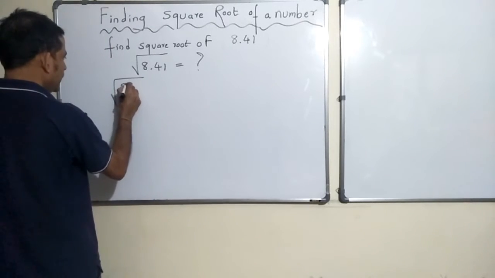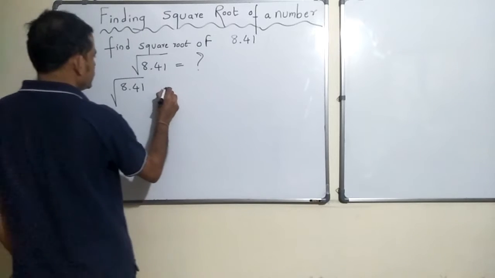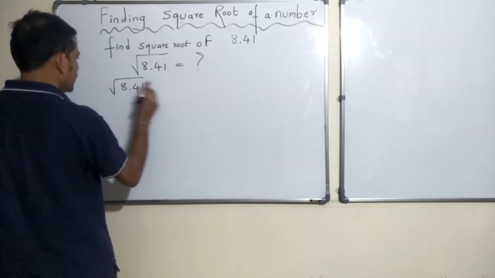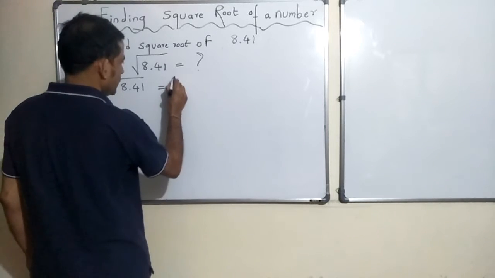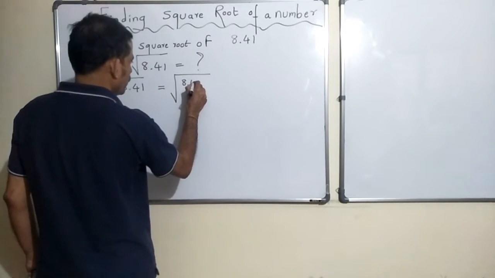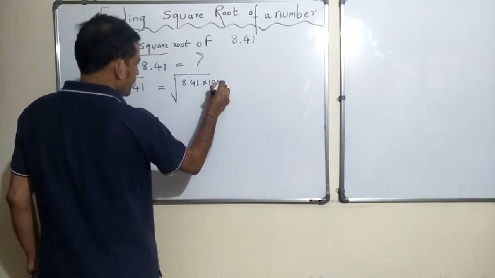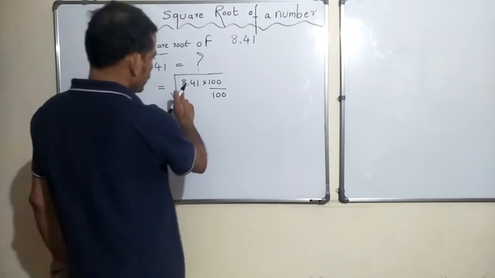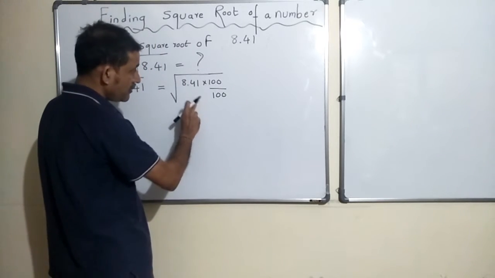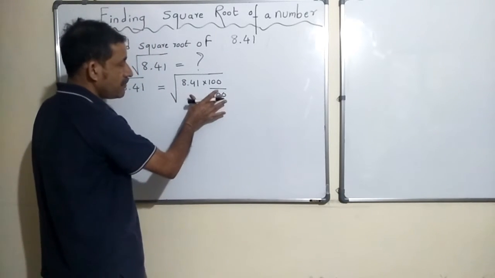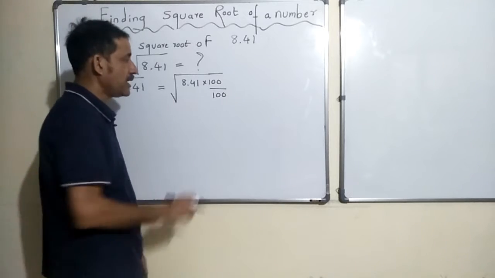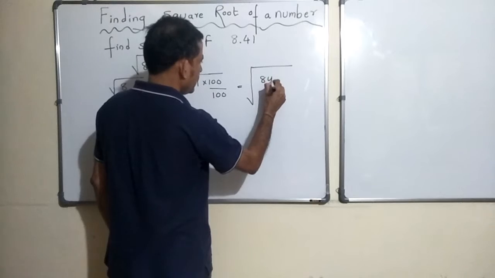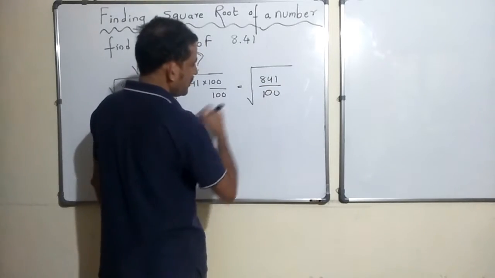I can write 8.41 as 8.41 into 100 by 100. I want to remove the decimal point here, so I multiply with 100, so it will be 841, but I don't want to change the value, so I also divide it by 100. So now this becomes 841 by 100, correct?